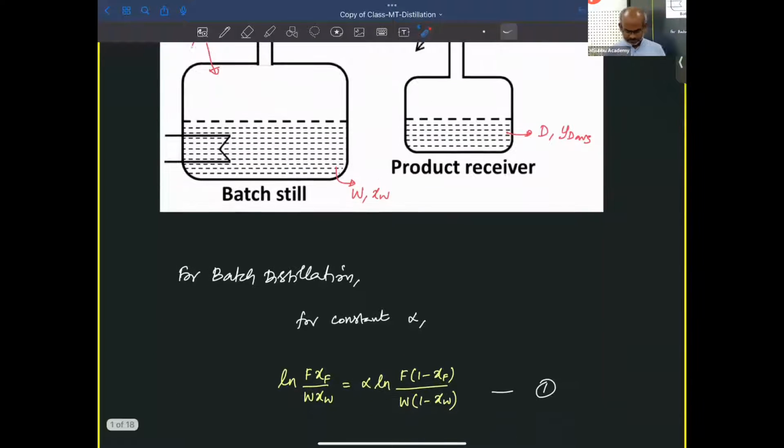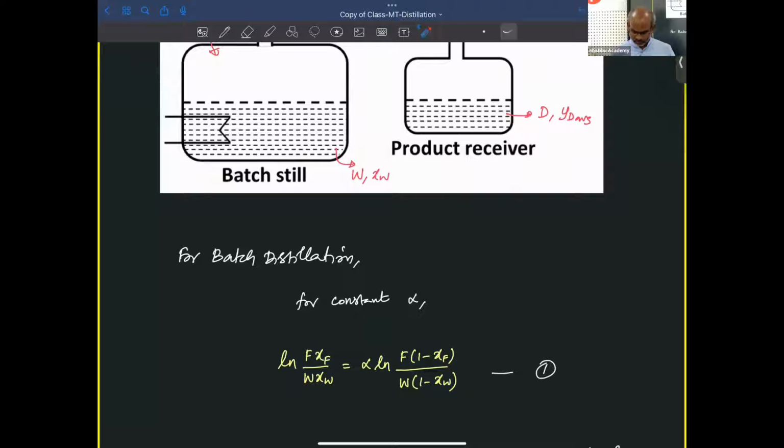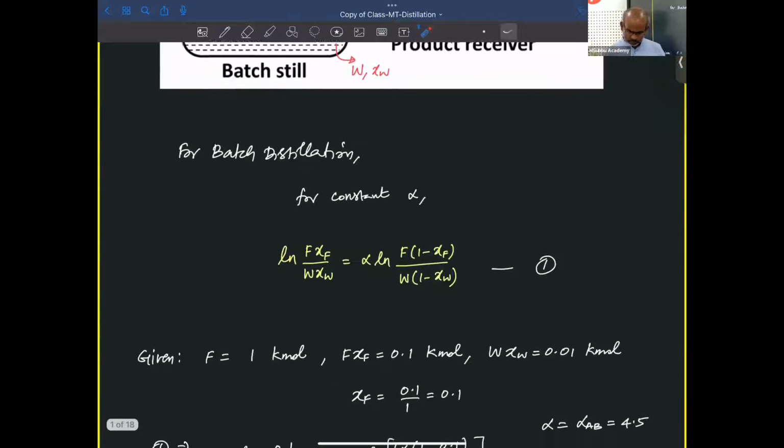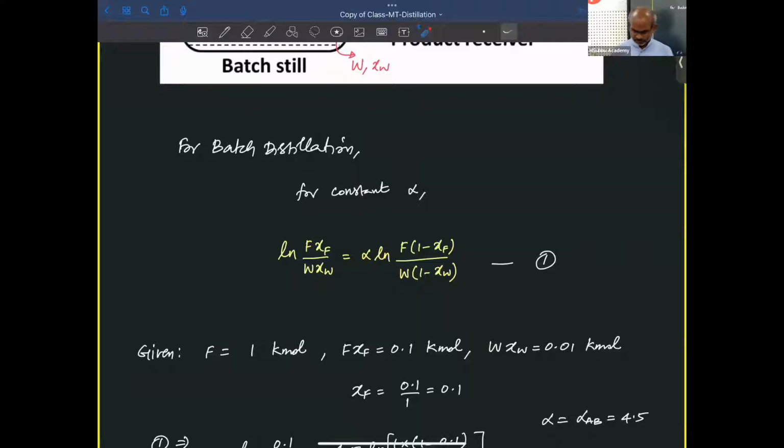For this batch distillation, we already have the equation given by Rayleigh for constant relative volatility, that is, constant alpha. This is the integrated rate expression. Let us not spend time on its development; you can simply take the final expression: ln of F into XF divided by W into XW, which is the amount of A in the feed initially and the amount of A in the still at the end, is equal to alpha multiplied by ln of F into (1 minus XF) divided by W into (1 minus XW).